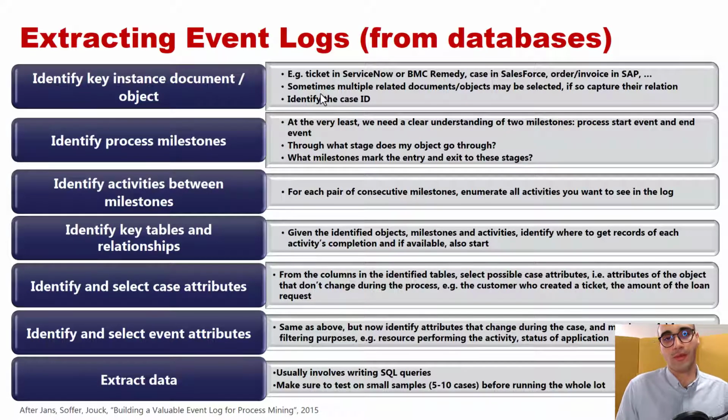The case attributes are the attributes that do not change within the case, for example the age of a patient. An event attribute is an attribute that changes with an event. For example, if you have a process that includes offering people some amount, an offer with a cost, that offer has an attribute called cost, and the cost changes for every offer.